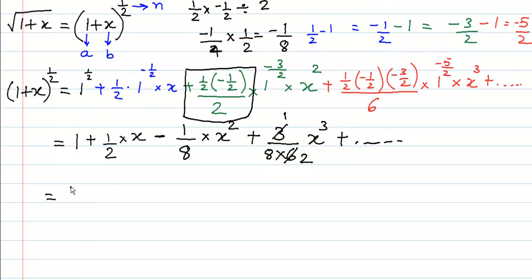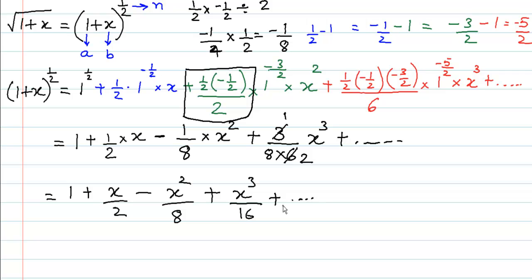So we have 1 plus 1 into x is x upon 2, minus x squared into 1 is x squared upon 8, plus x cubed upon 16, and if we continue we'll have minus 5 upon 128 and so on. So in this way we expand the square roots also.